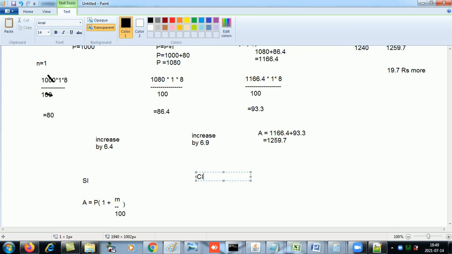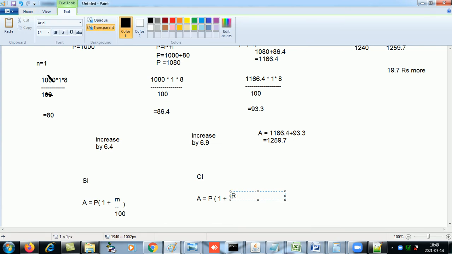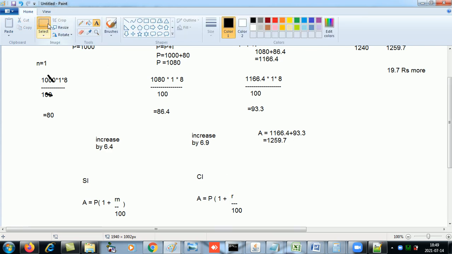In compound interest, the formula is more or less the same, but with some difference: P into 1 plus R upon 100, raised to n. This is the formula.